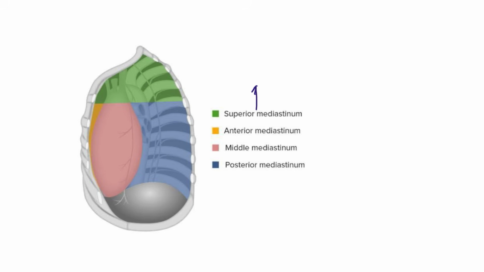So let's start with the superior mediastinum. We have the aortic arch, and also the trachea and esophagus. Along with the esophagus, the most important nerve passing here is the vagus nerve.